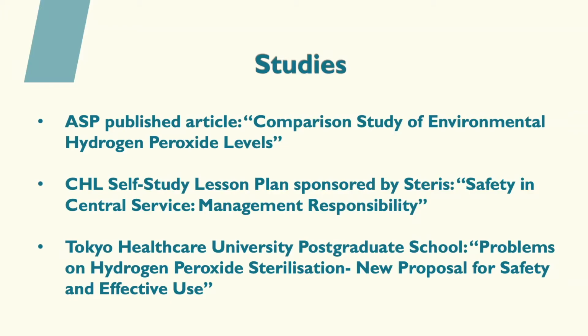There's also an article, the CHL Self-Study Lesson Plan, sponsored by Steris. This is a quote directly from it: personal monitoring should never be taken for granted. And employees must understand that 24/7 environmental monitoring is not always enough. Sometimes a combination of personal and environmental monitoring will meet or even exceed current regulatory requirements.